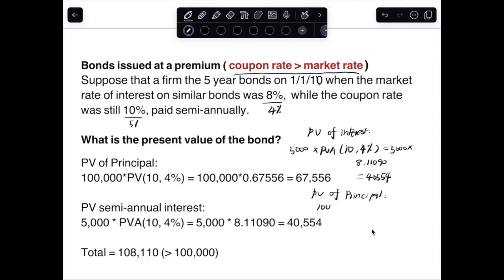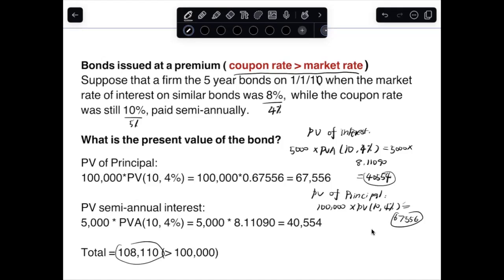equal to the 100,000, which means you for sure will get the 100,000 5 years later, right? And discounted to today. When you discount it, the benchmark is the market. So you use the market rate, equal to 67,556. And you add them together, and you will get this number.